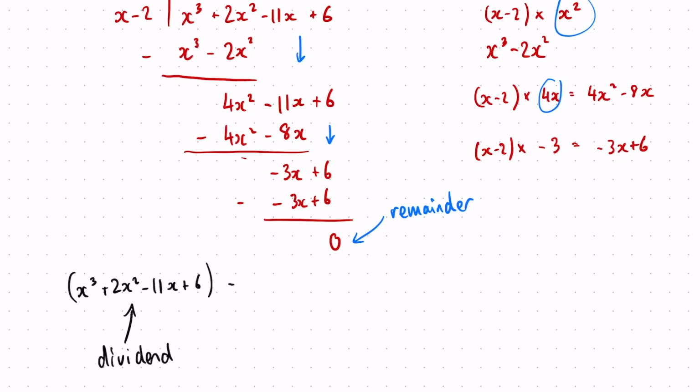Our x minus 2, the term for that is our divisor. And our end answer that we got, the x squared plus 4x minus 3, is known as our quotient.